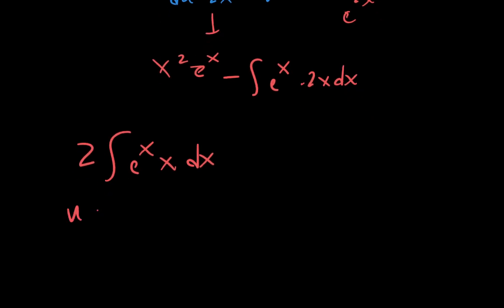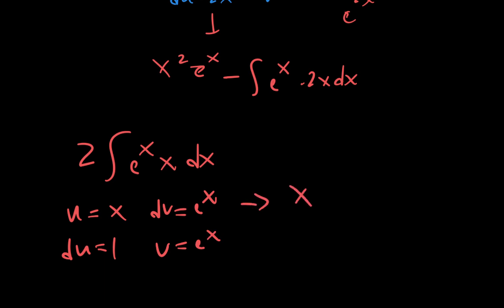This time let u equal x, du is equal to 1, and again dv is equal to e to the x, and that means v is equal to e to the x. So that gives us x e to the x minus e to the x, or just simply e to the x times x minus 1.